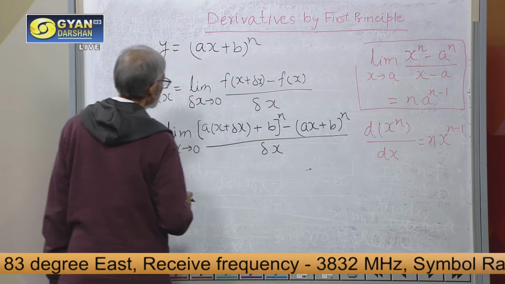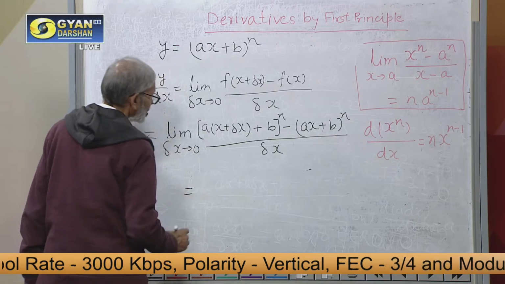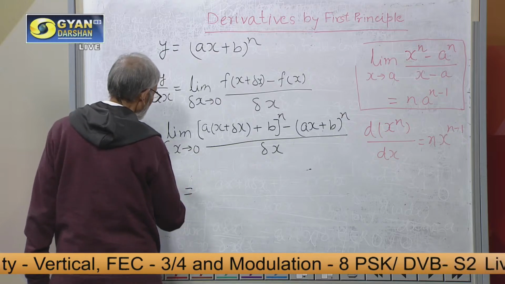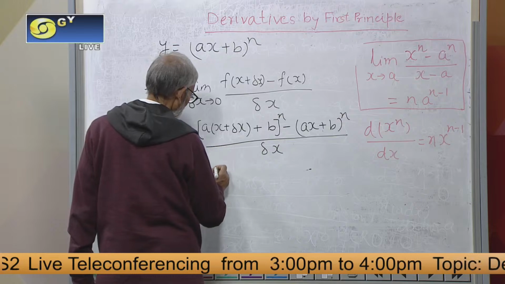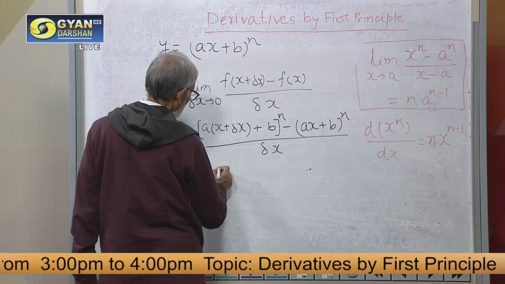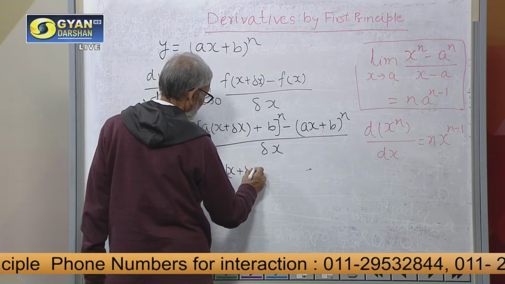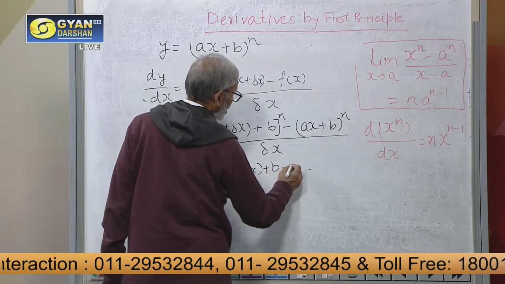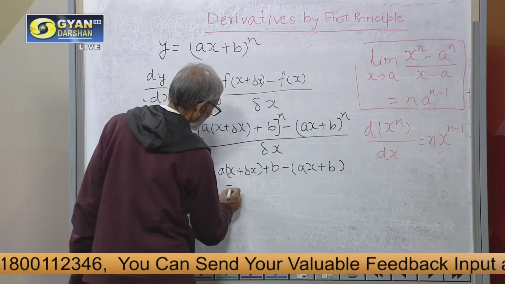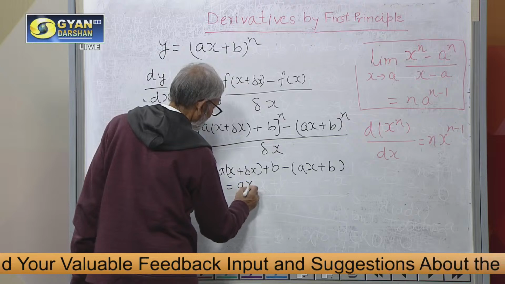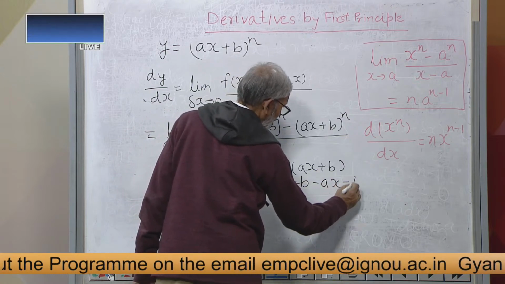So, if I use this formula, we can write out this function, because as delta x tends to 0, we discussed last time its value. a(x plus delta x) plus b minus (a x plus b) will be equal to a x plus a delta x plus b minus a x minus b.